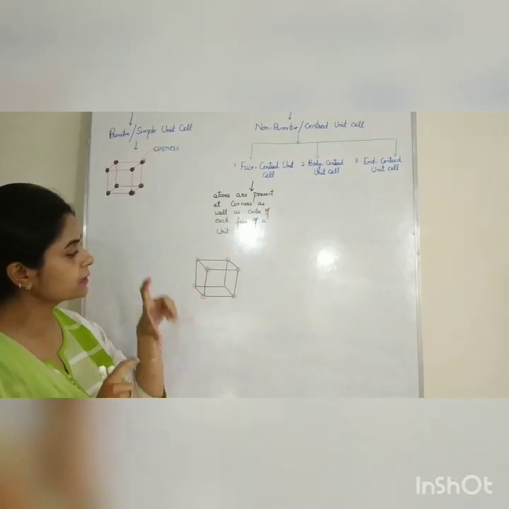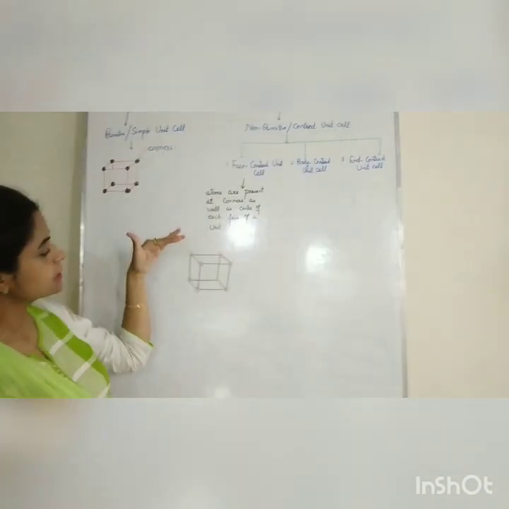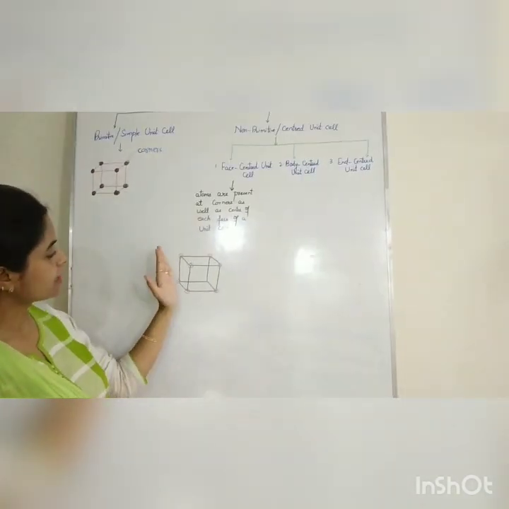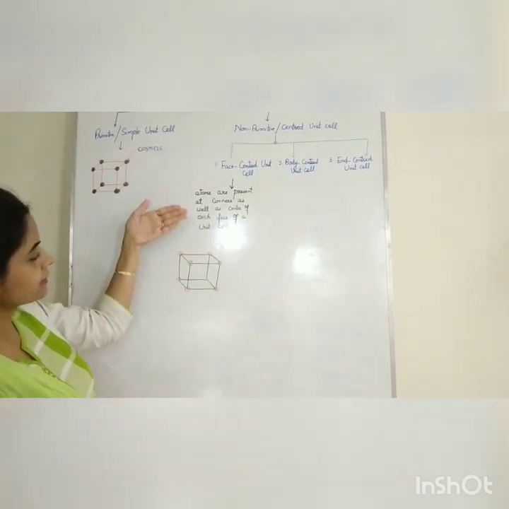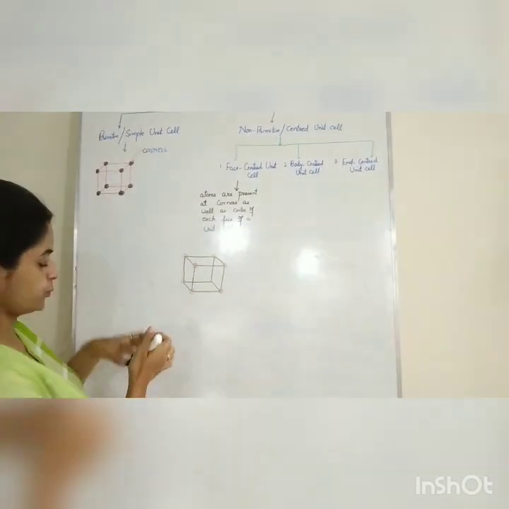And we know that in a cube there are a total of 6 faces: 1, 2, 3, 4, 5 is the front one and the 6th one is behind you.